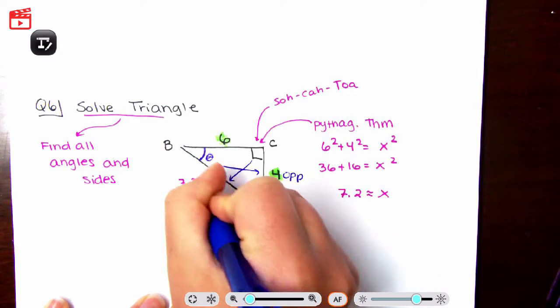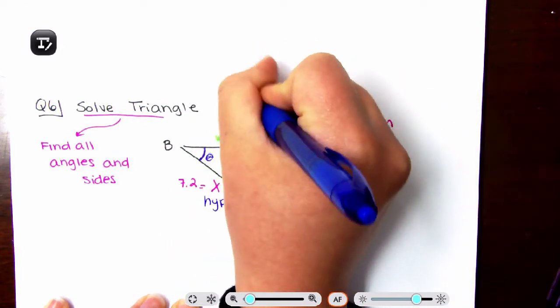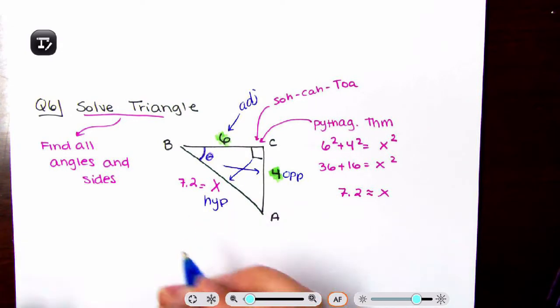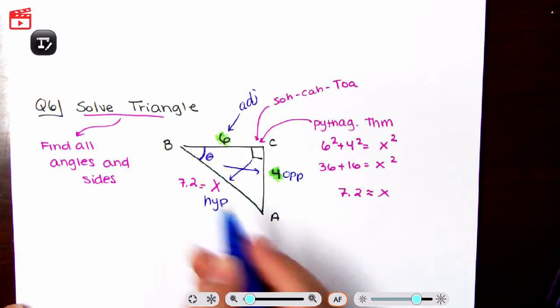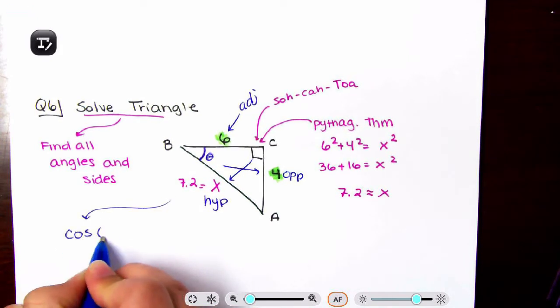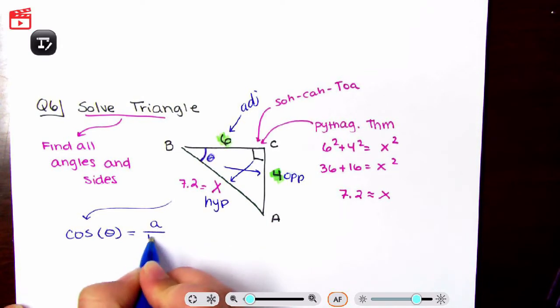This would be our hypotenuse. And this right here would be our adjacent. If I was trying to find A, then our opposite and adjacent would be different because our point of view is different. So let's use cosine since we haven't used cosine before. Why I'm choosing cosine? Because it's random. And that's equal to adjacent over hypotenuse.